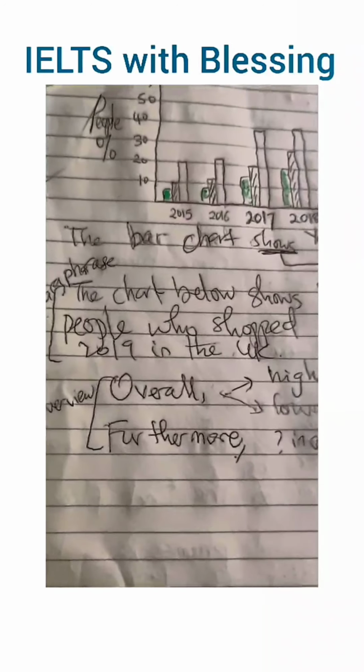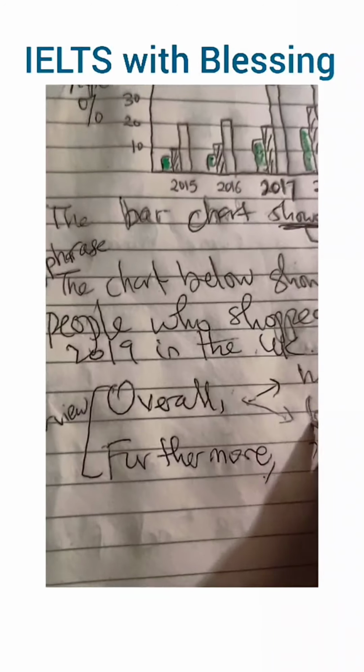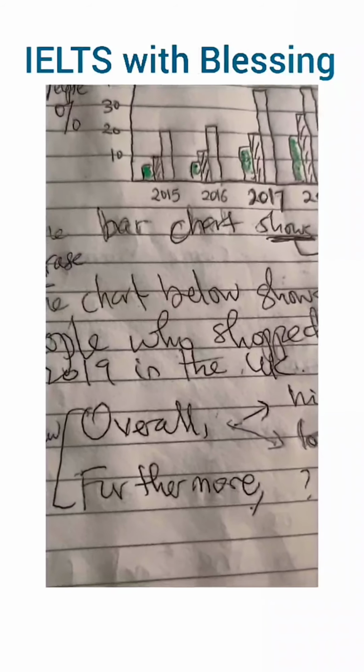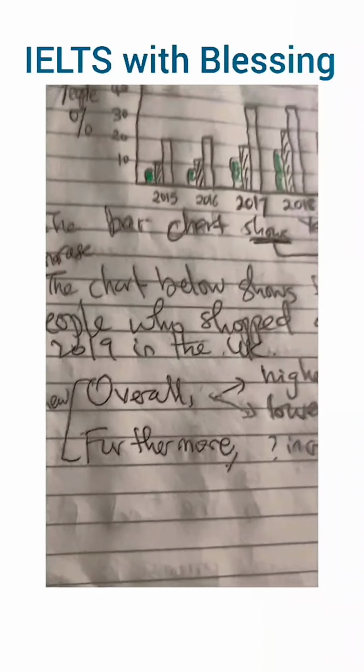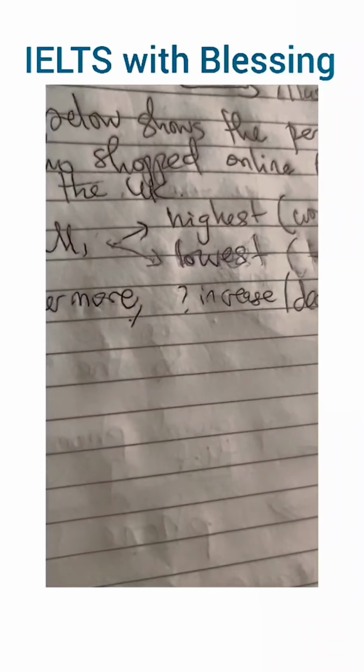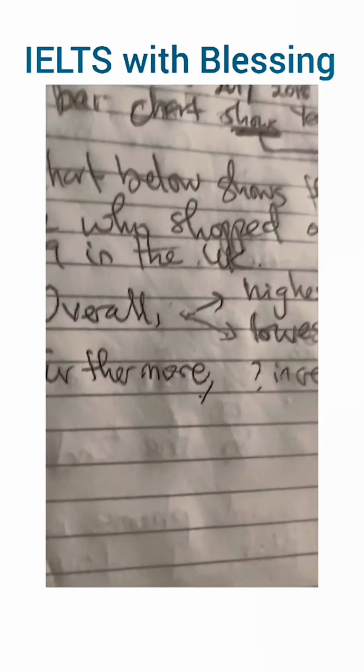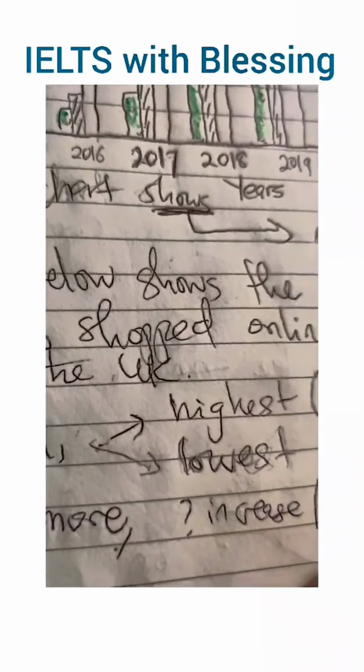Your overall is you've located the highest, you've located the lowest, which was teenagers.